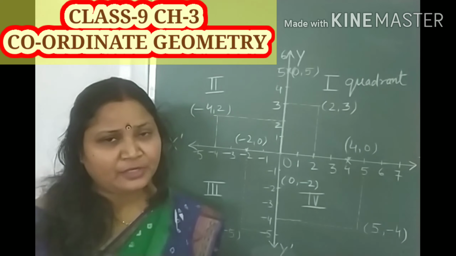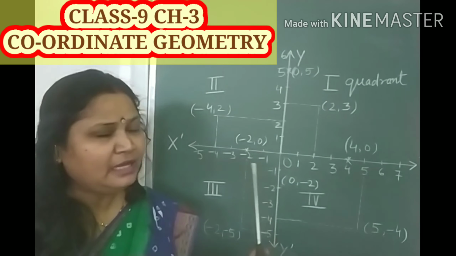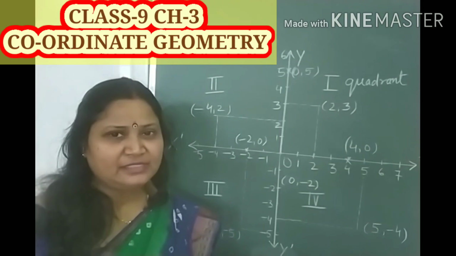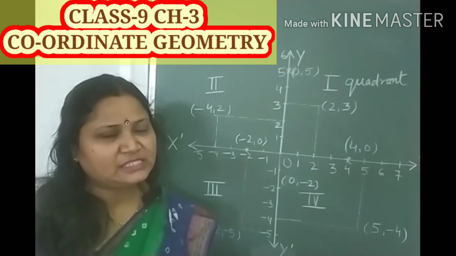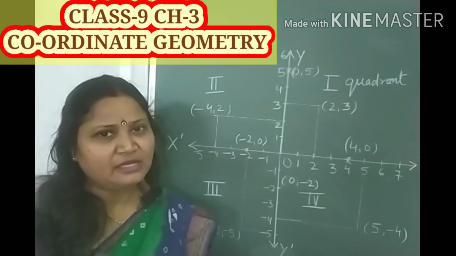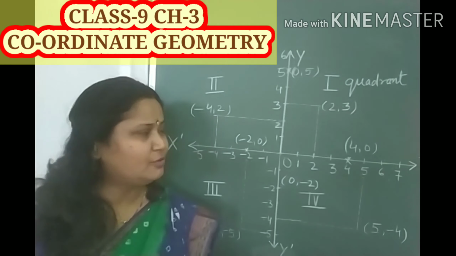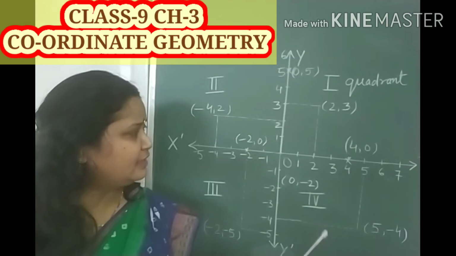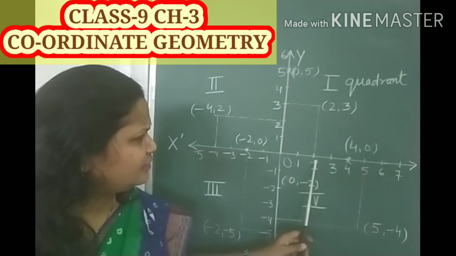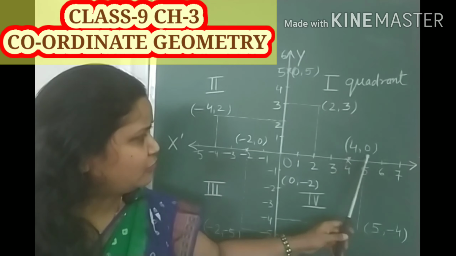There may be one more type of point: a point that doesn't lie in any quadrant, rather it lies on one of the axes. It may be on the positive x-axis, negative x-axis, positive y-axis or negative y-axis. Here I am explaining by taking an example. Here you can see a point (4, 0).